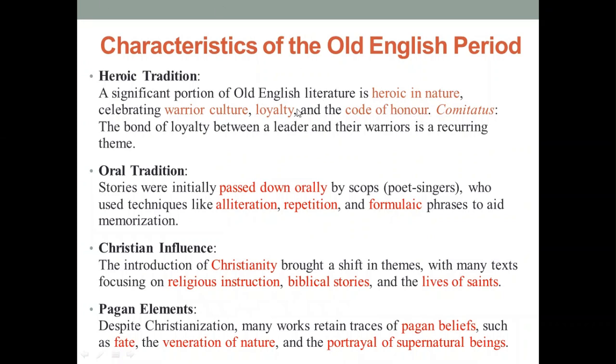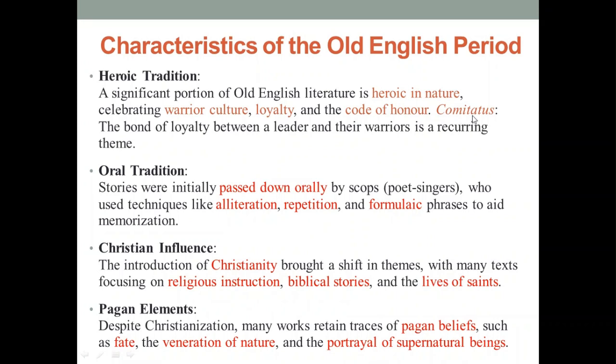So in the poetry and writings of the Old English period, we find heroic themes celebrating warrior culture, loyalty, and the code of honor.